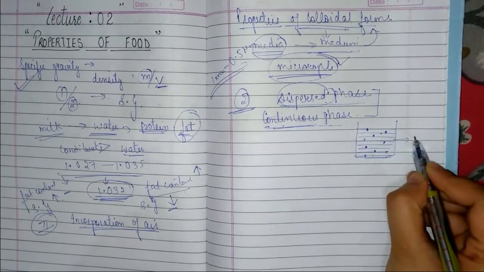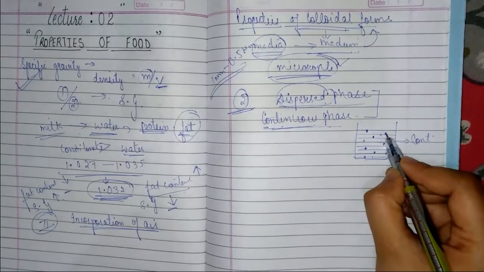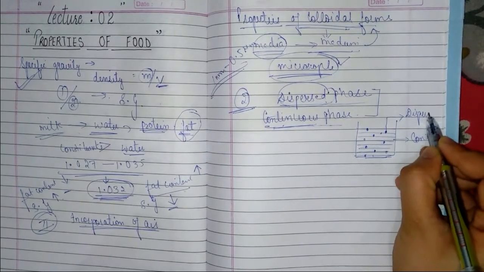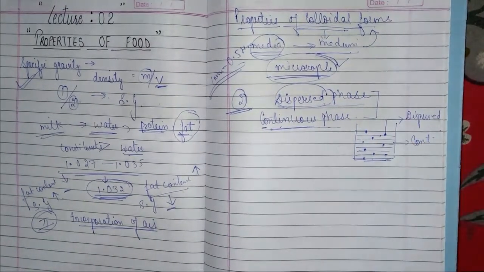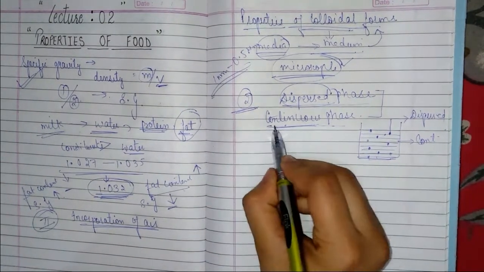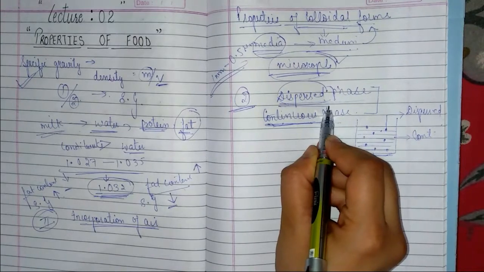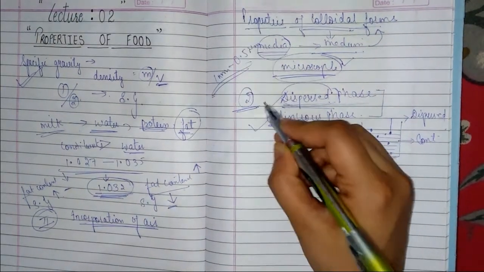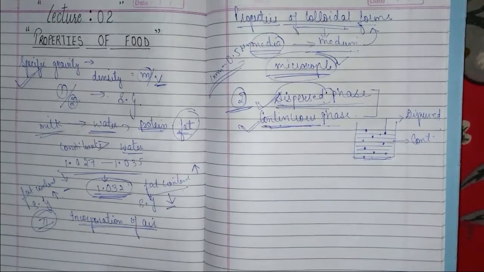So this one is the continuous phase and these particles are of the dispersed phase. So this is how a colloidal mixture is represented. On the basis of the continuous phase and dispersed phase, there are different types of colloidal mixtures.